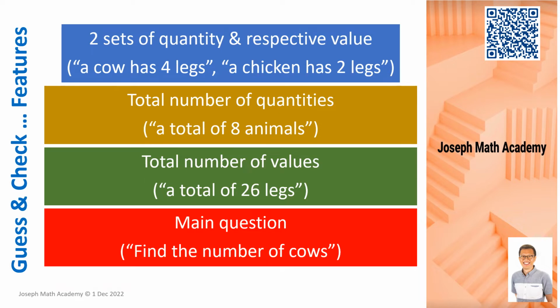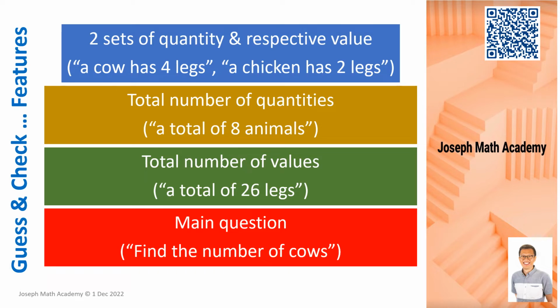The second set: a chicken has 2 legs. So the cow and the chicken are the names of the two quantities. The 4 legs and the 2 legs are the values of the quantities, that means the values attached to the quantities.